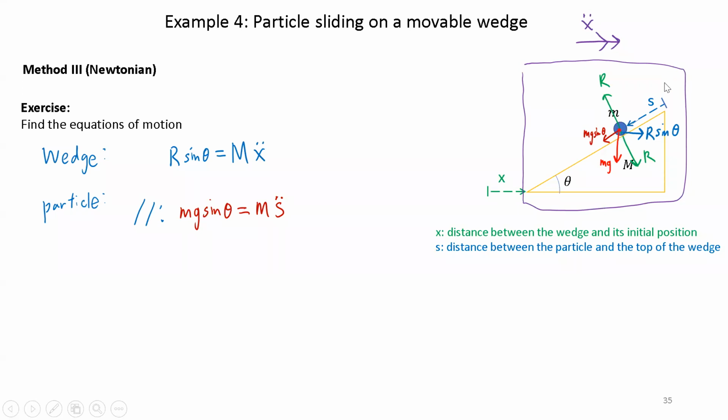This particle is part of this system. So if I want to consider the acceleration of the particle along this direction, I also need to take this one into account.